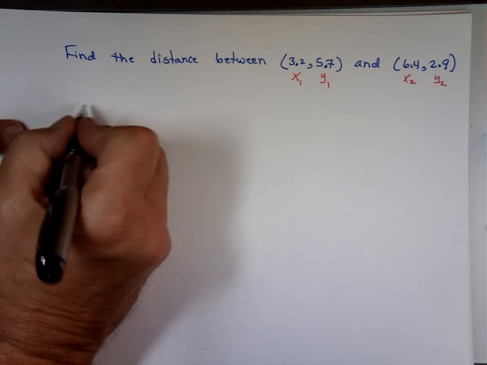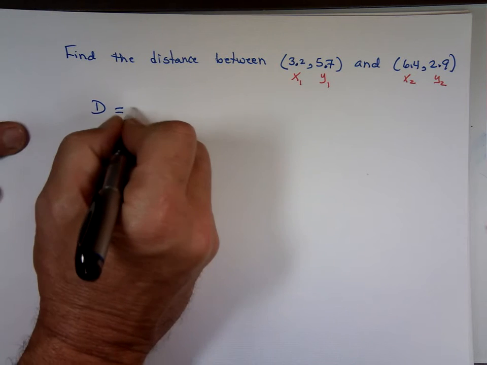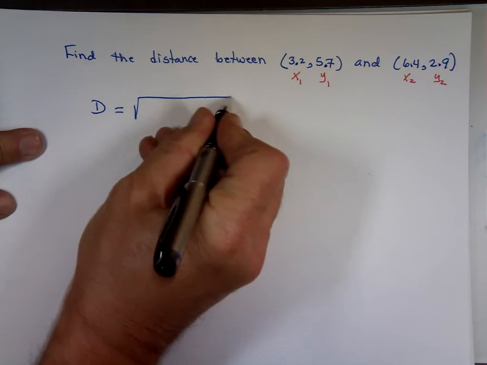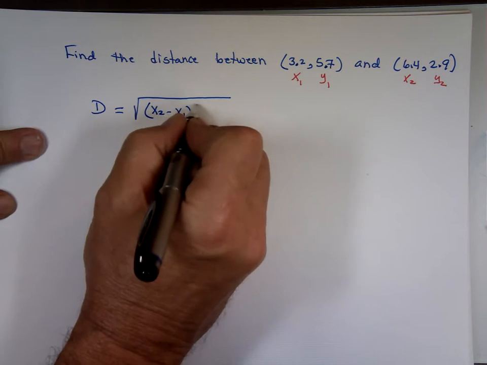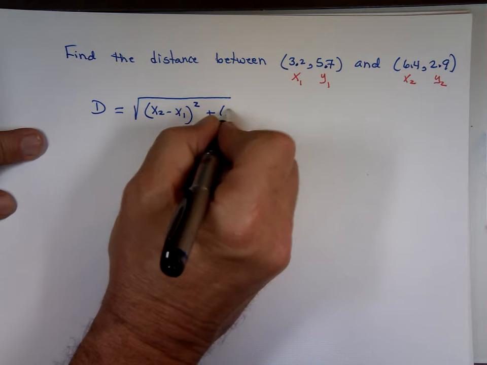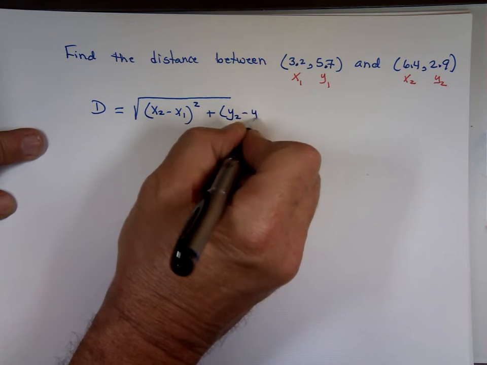I can say the distance between any 2 points is given by the square root of x2 minus x1 squared plus y2 minus y1 squared.